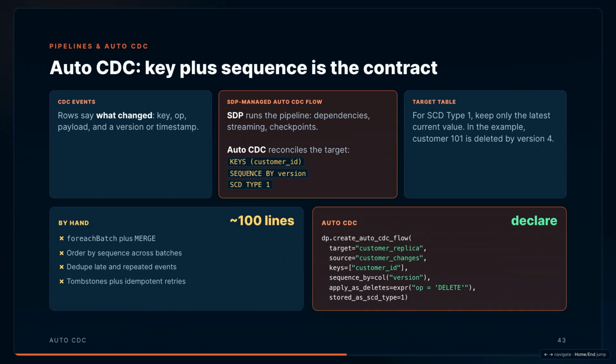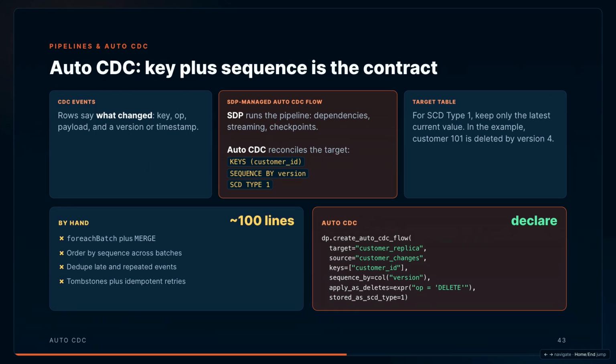It handles the data dependency, streaming, and checkpoint for you automatically. And it has special flows. Auto CDC is one of the special flows inside SDP. And you give a key, customer ID, a sequence column, version, and it handles it for you.